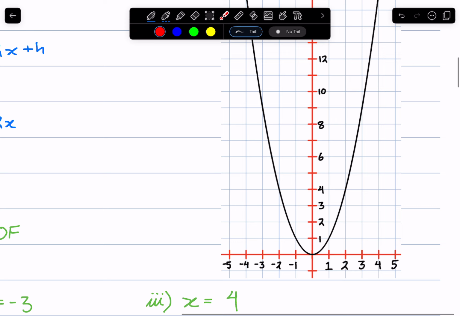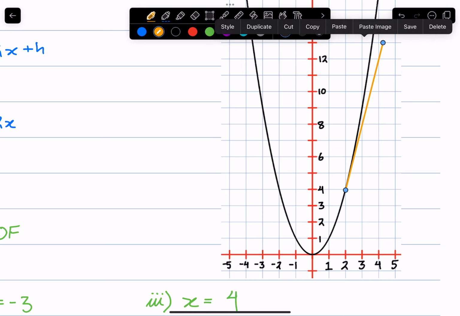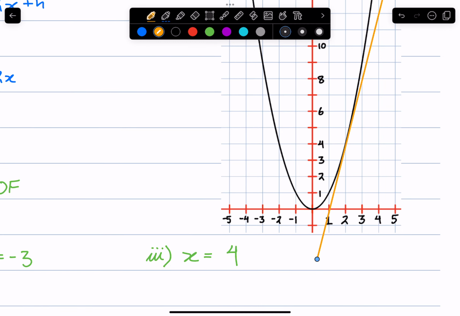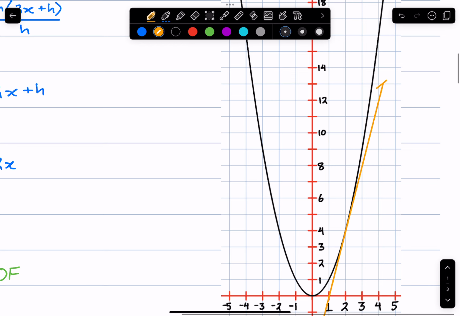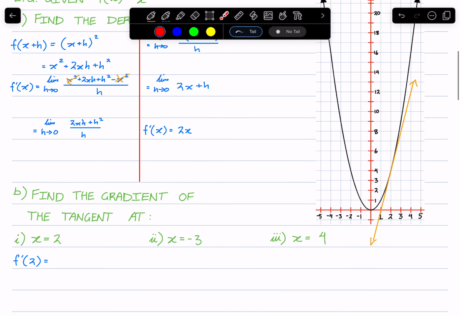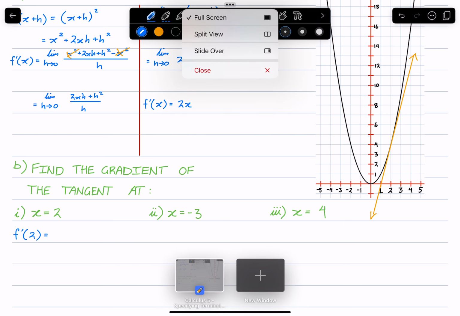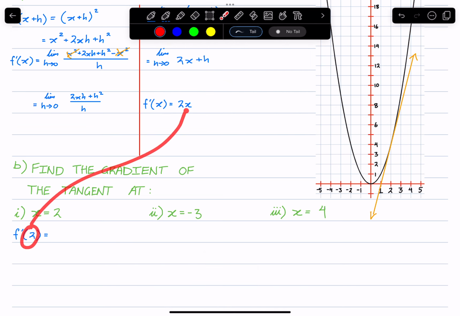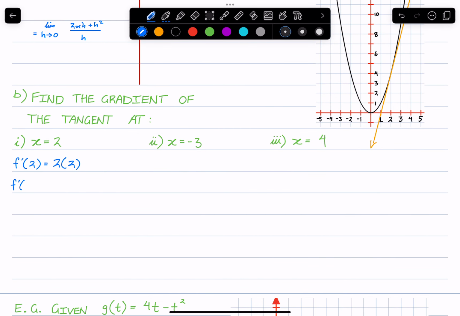At x equals 2, if I draw a tangent at that point, what is the gradient, or the rate of change, of the tangent at that point? Well, this is what the derivative does. If we substitute the value of 2 into the gradient function, or the derivative, it'll be 2 times 2.